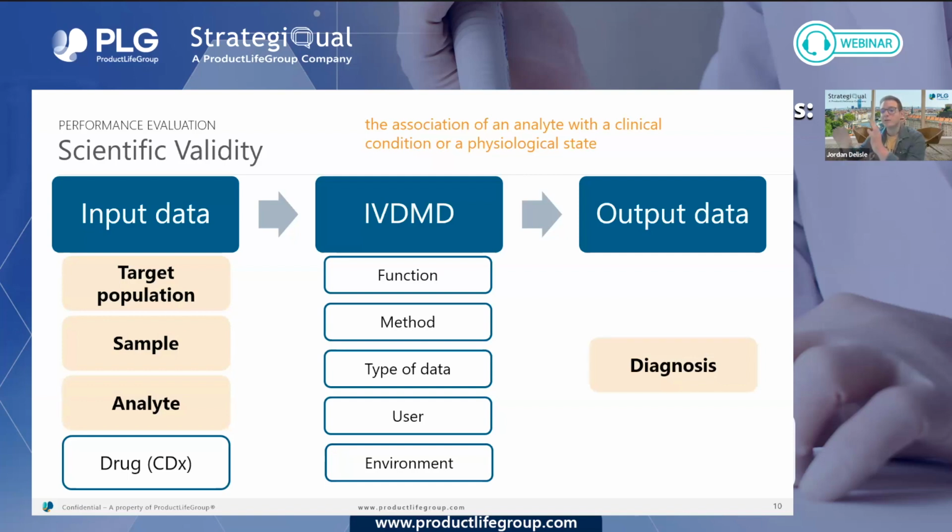Scientific validity will only use these elements, whatever the methods, the environment, the type of data, the users, etc. And we can see that scientific validity can be demonstrated independently of the IVD.